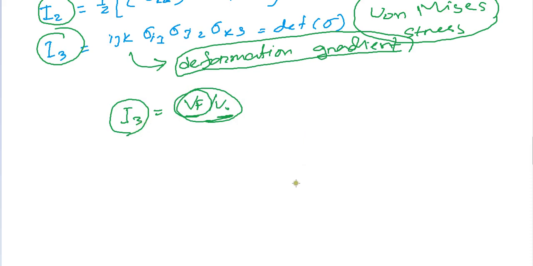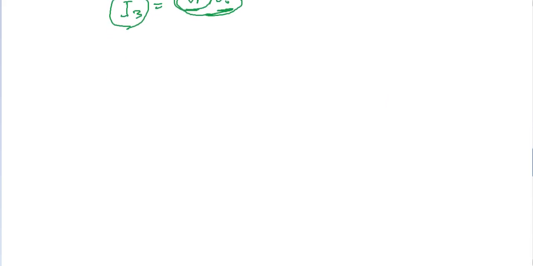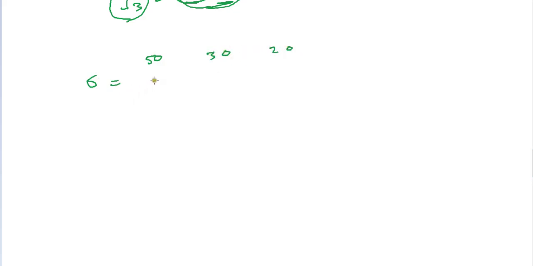So these are the invariants of stress and their physical interpretations. There are a lot of examples we can give. For example, take the tensor: 50, 30, 20; 30, minus 20, minus 10; 20, minus 10, and 10.